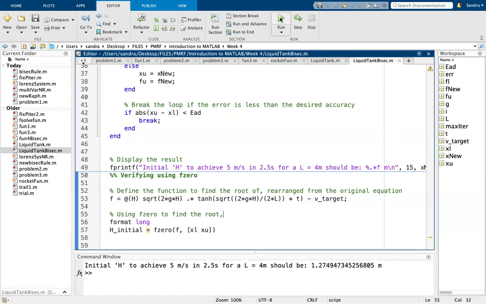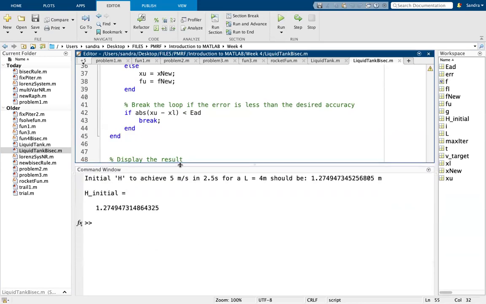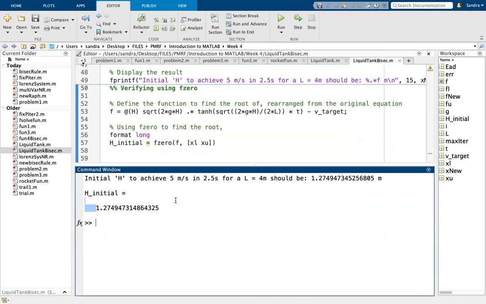Running this, you again get h initial to be 1.2749. Both answers are the same: this is what you get using the bisection method, and this is what you get using the fzero method.